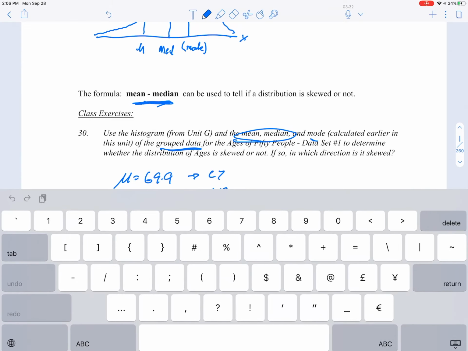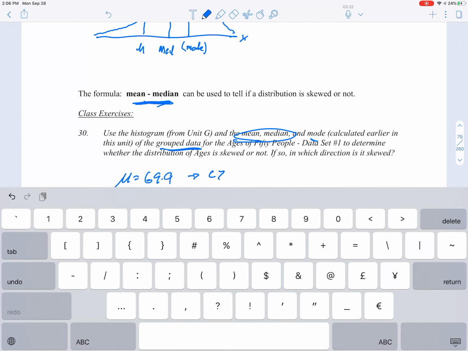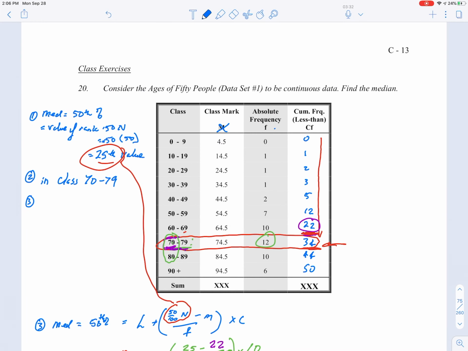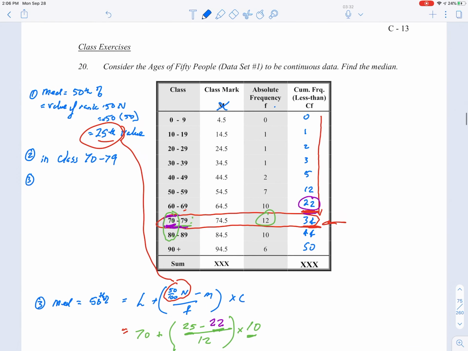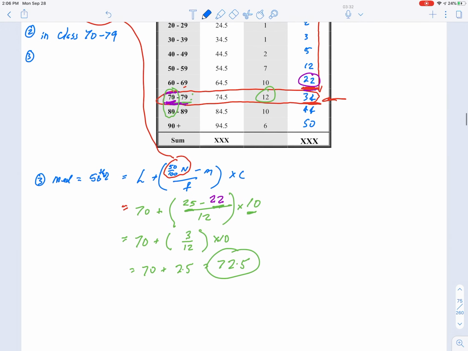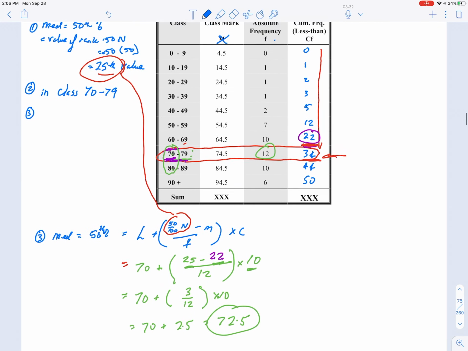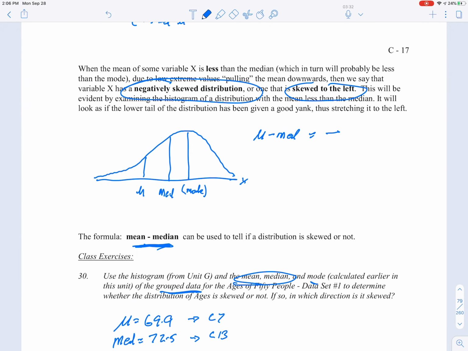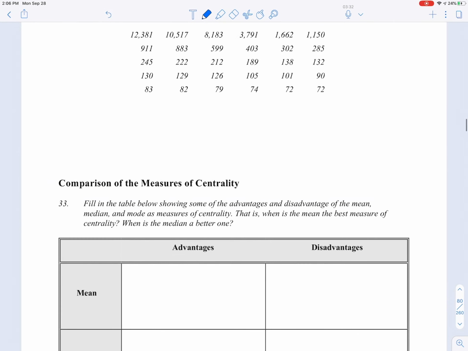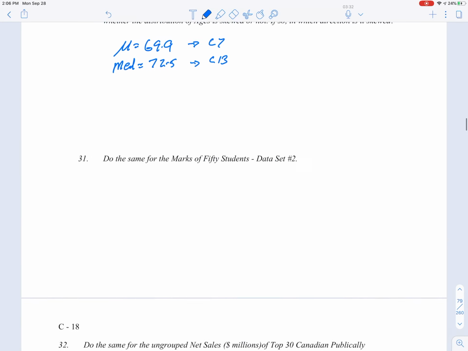And I'll quickly take us back there just for a moment, just to take a look at that. So remember this ugly guy here that we did? Exercise number 20 on page C13. We got 72.5 there.